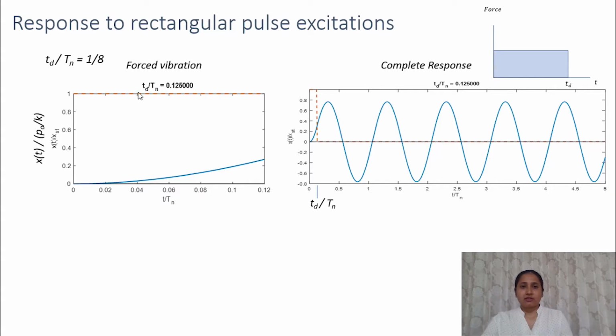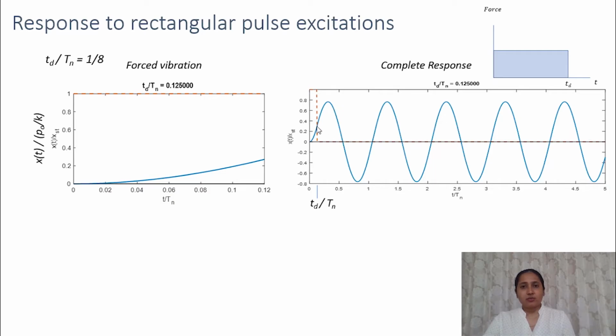So this red dotted line indicates the static response. In this case, when td by tn is equal to 1 by 8, the duration of the pulse is very short, and during the pulse, that is when forced vibration is happening, the amplitude of the response is very low compared to the static response. So this dynamic response is very low. But during the free vibration phase, this is having a higher amplitude.